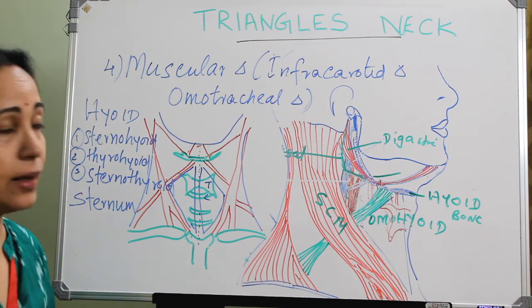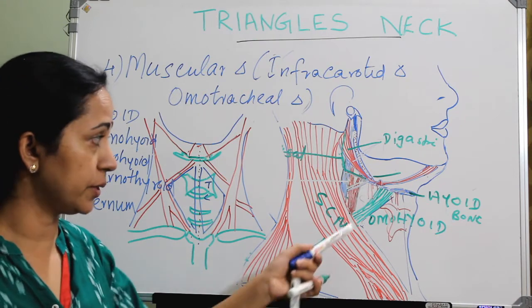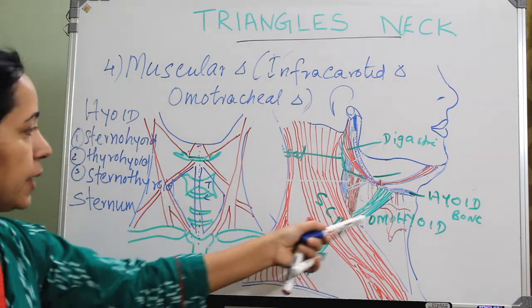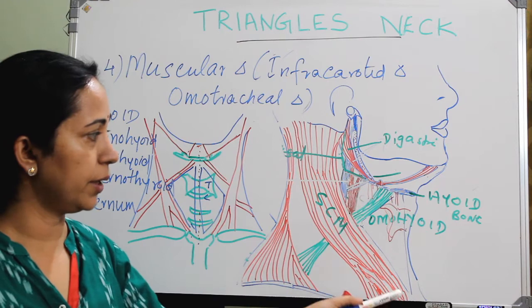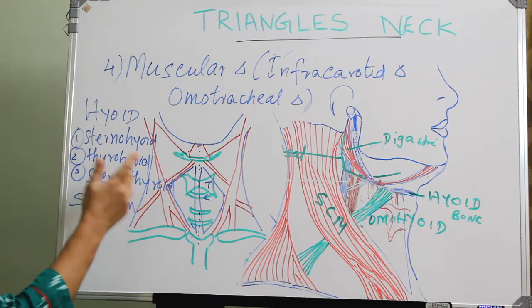So the muscular triangle, otherwise called the infracarotid triangle or omotracheal triangle, you know the boundaries: the midline, superior belly of omohyoid and also the sternocleidomastoid, and it contains mainly the muscles.